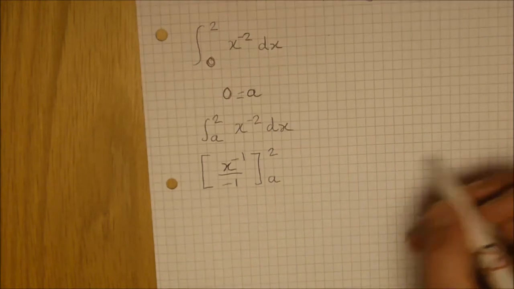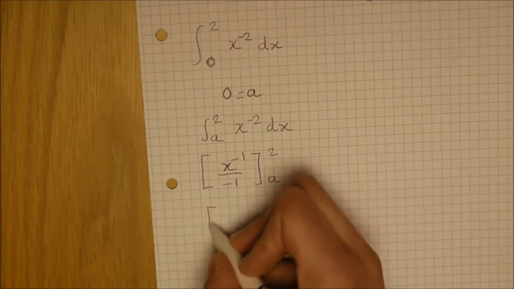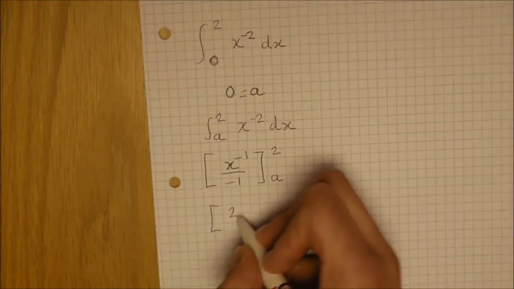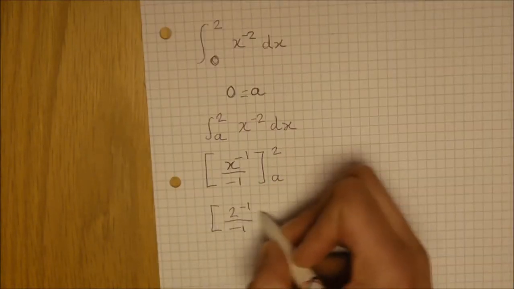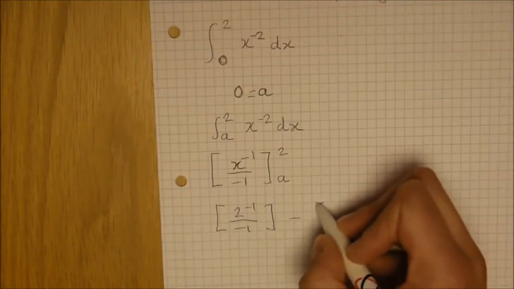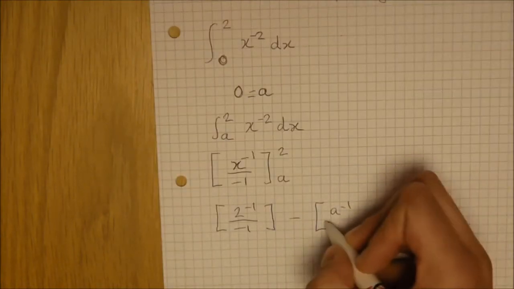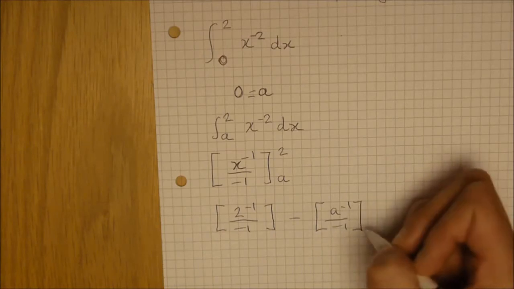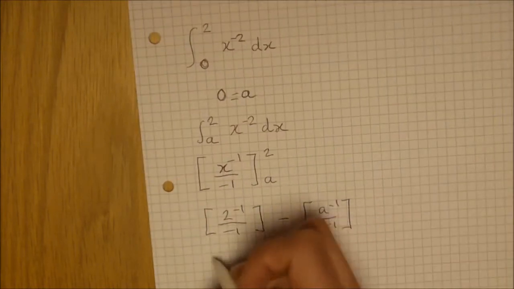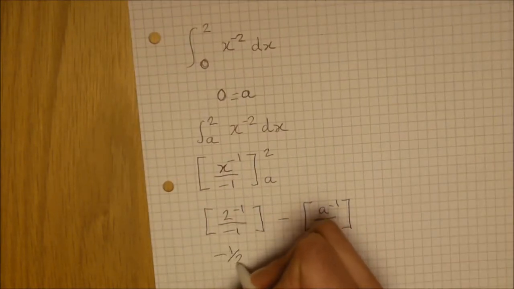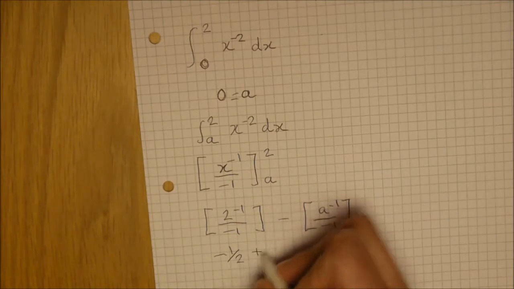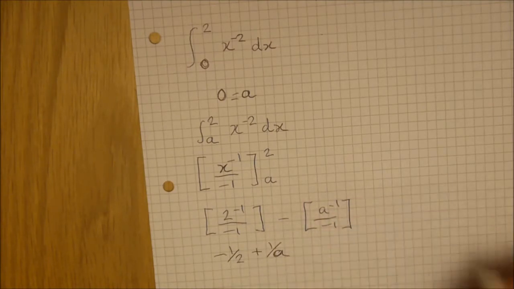Then we obviously substitute values in, so we have 2 to the minus 1 over minus 1 minus a to the minus 1 over minus 1, which finally expanded goes to minus a half plus 1 over a.